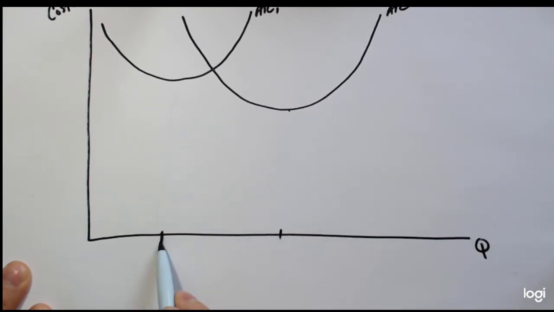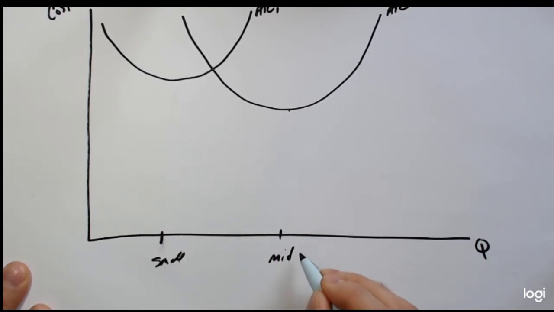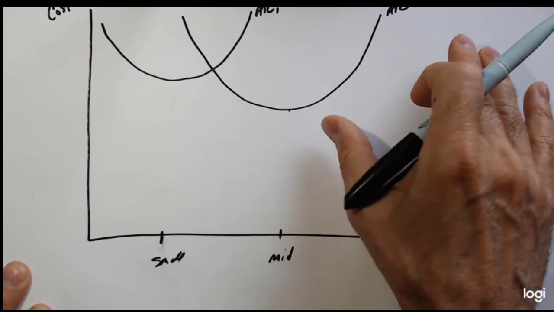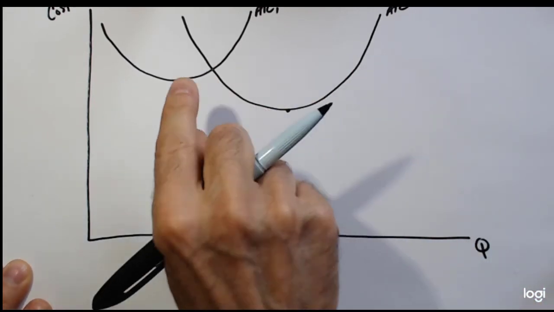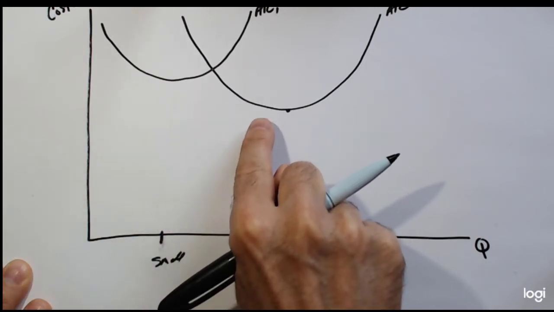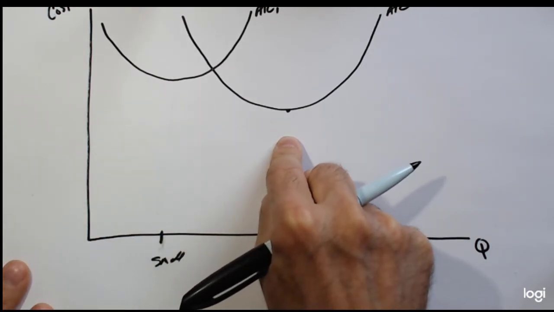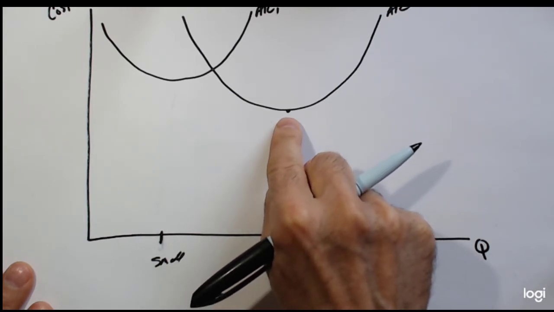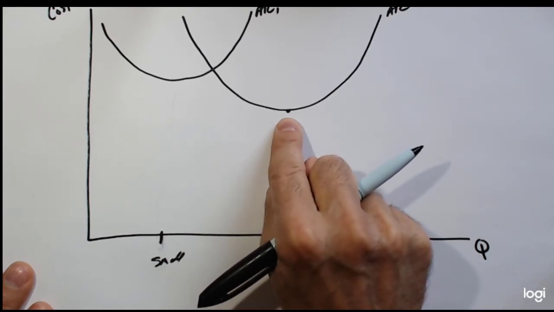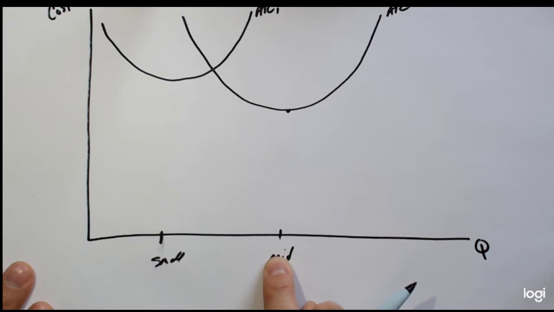So this would be a small scale plant. This would be a mid-size plant. And then you know where I'm going. I'm going to a large one in a minute. Here we have the effects of specialization from a bigger plant. You've got more open space, you can have more specialization, and then you could spread out fixed costs amongst more and more units.